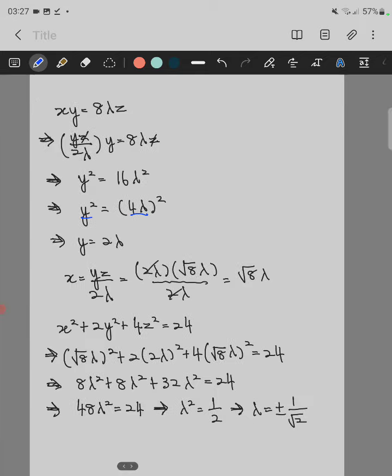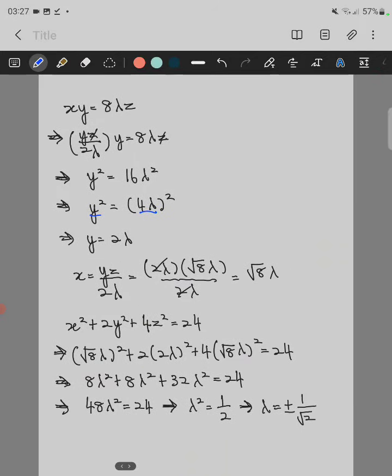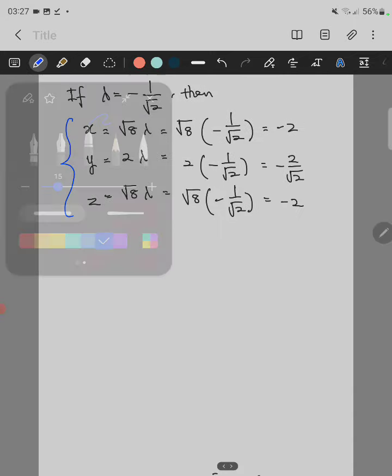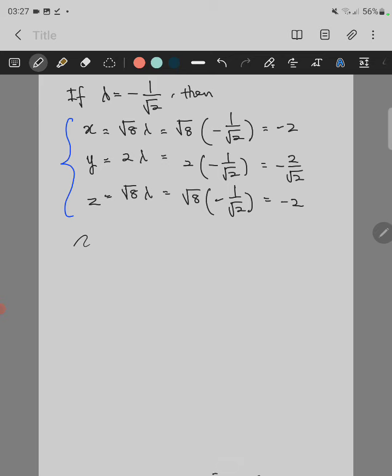Next, we need to find the case where our lambda is equal to 1 over square root of 2. Then we have x equals square root of 8 lambda, y equals 2 lambda, z equals square root of 8 lambda.